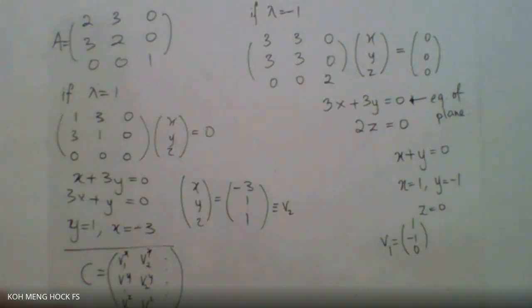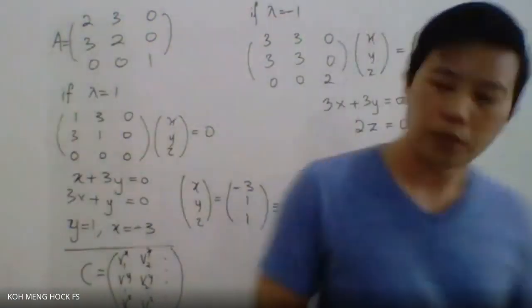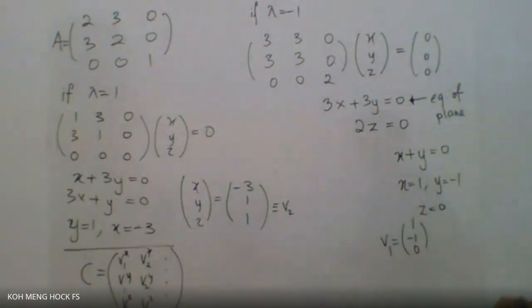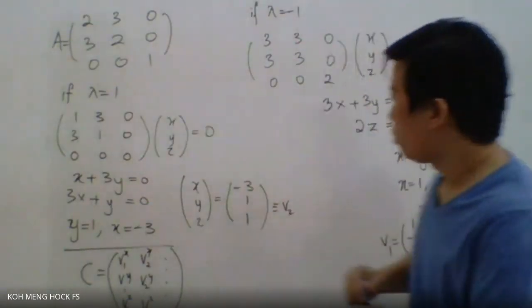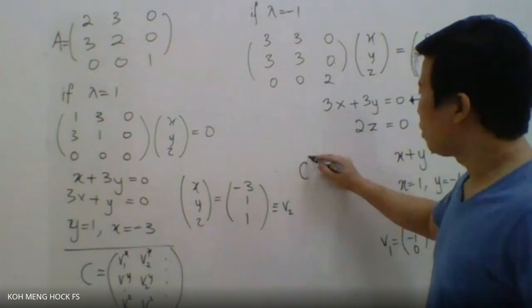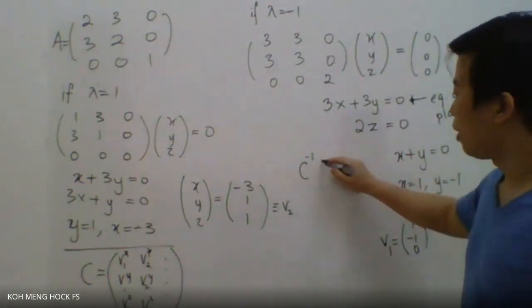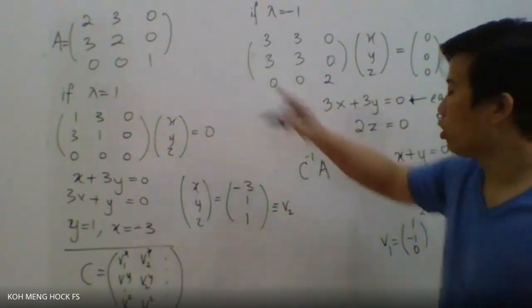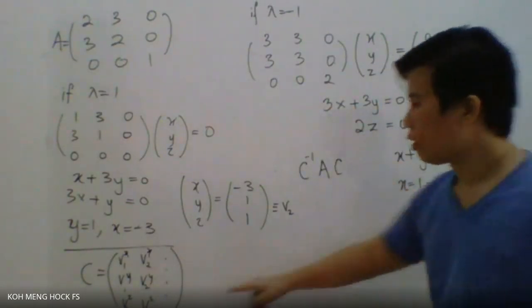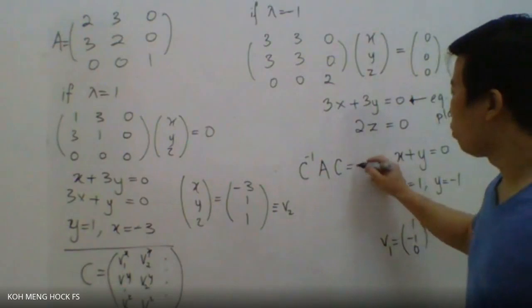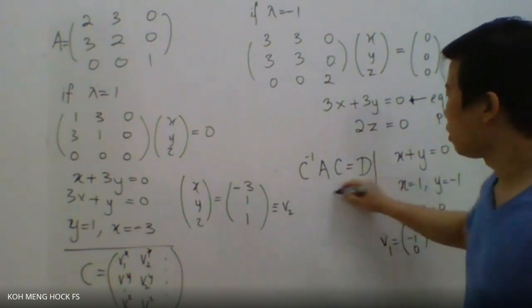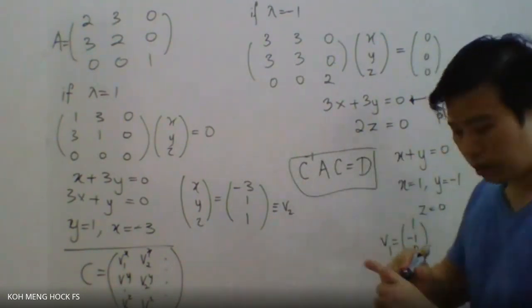In order to diagonalize the matrix A, you have to find C inverse, multiplied by A, the initial matrix, times C again. So this one will give you a diagonal matrix that we write as D.